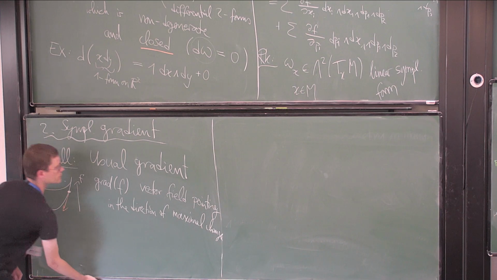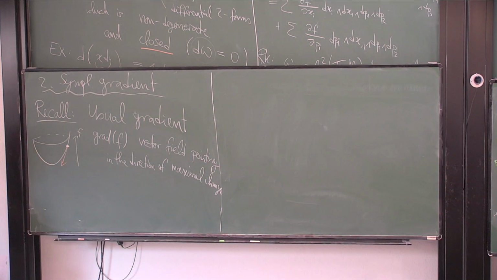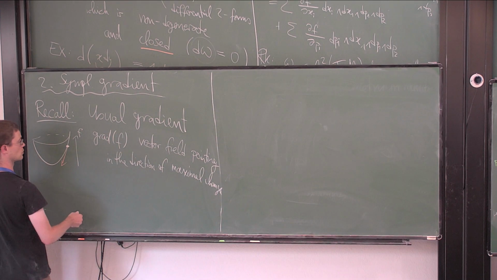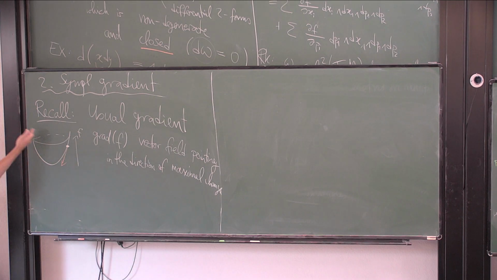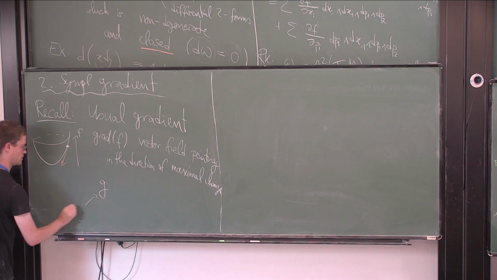And I don't know if you've actually seen the definition, but how you would define it. In order to define a gradient, you need a metric. So you have g, this is your metric.